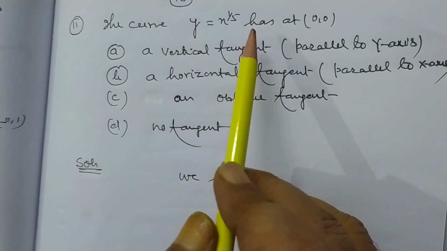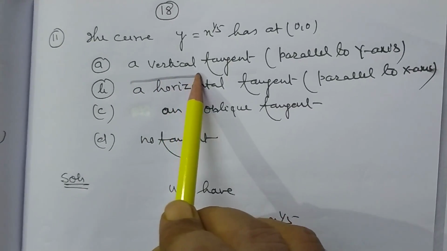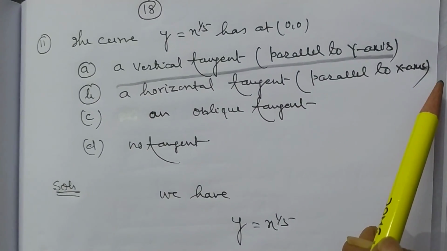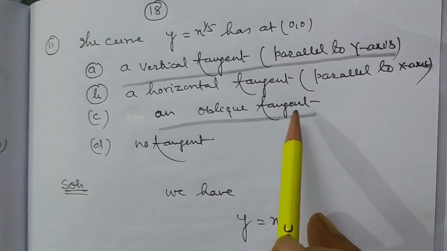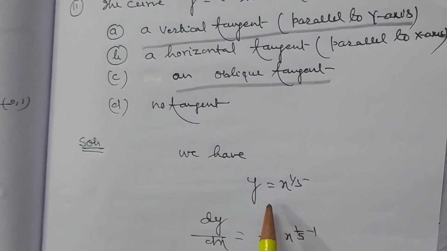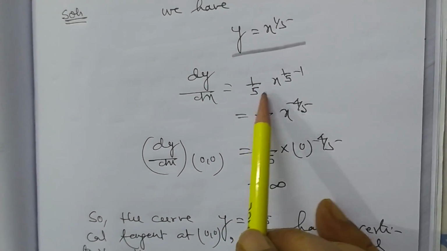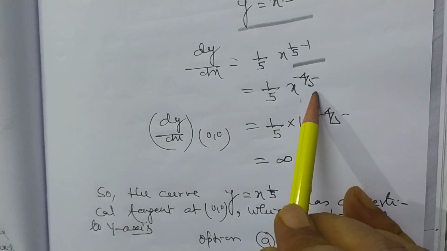The curve y is equal to x to the power 1 by 5 has at 0, 0 a vertical tangent parallel to y axis, a horizontal tangent parallel to x axis, an oblique tangent, no tangent. We have y is equal to x to the power 1 by 5. So dy by dx is equal to 1 by 5 x to the power 1 by 5 minus 1, that is 1 by 5 x to the power minus 4 by 5.